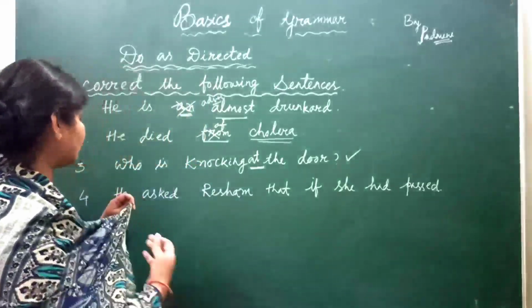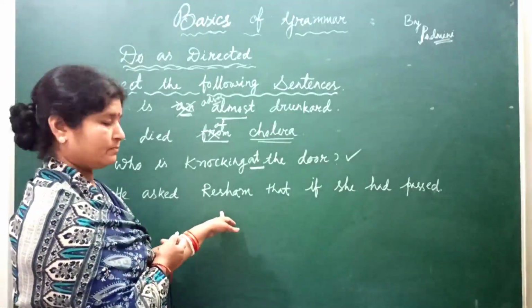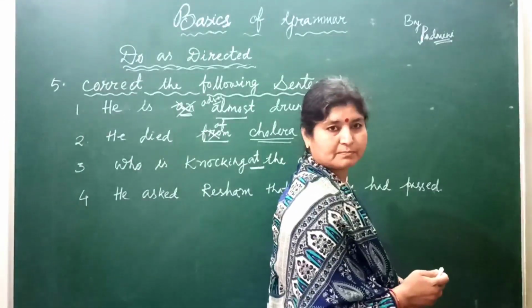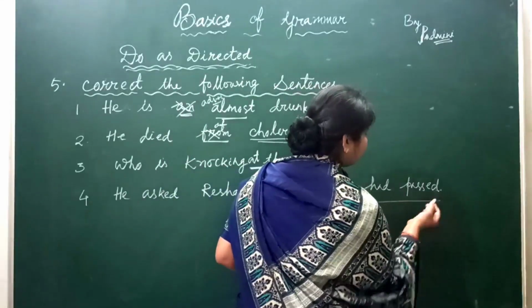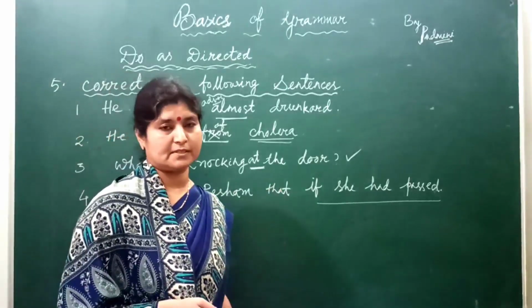Okay. The next one. He asked Resham that if she had passed. So if she had passed, it is what, children? It is yes or no type questions.